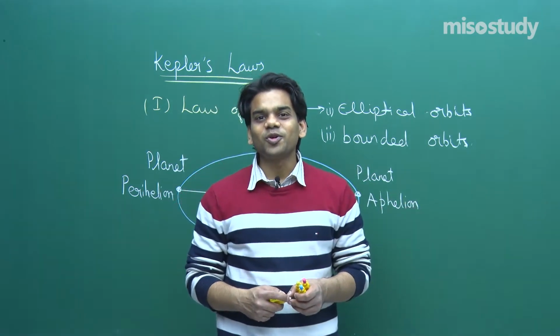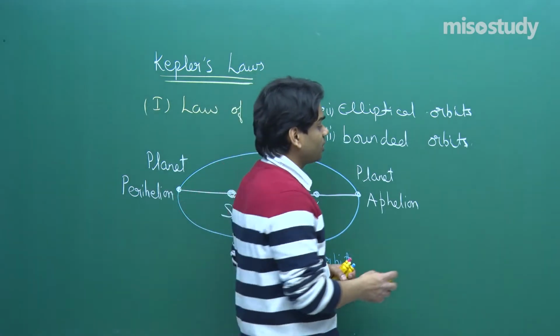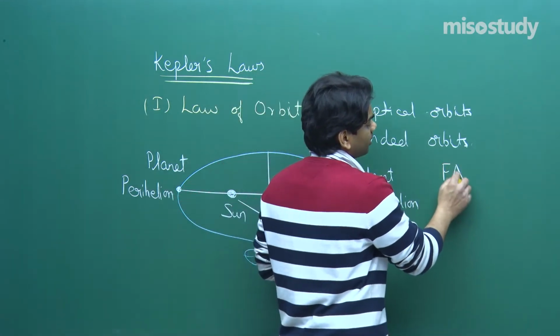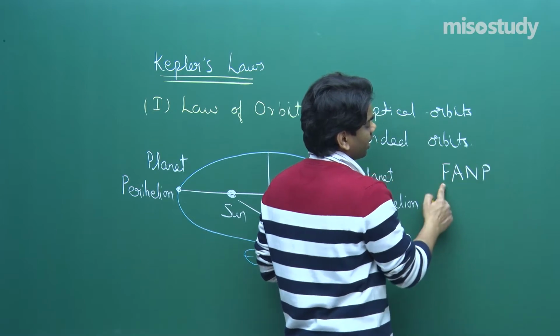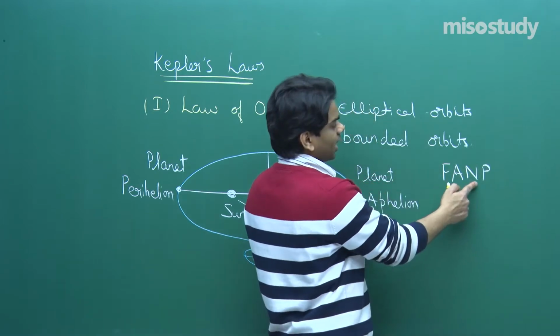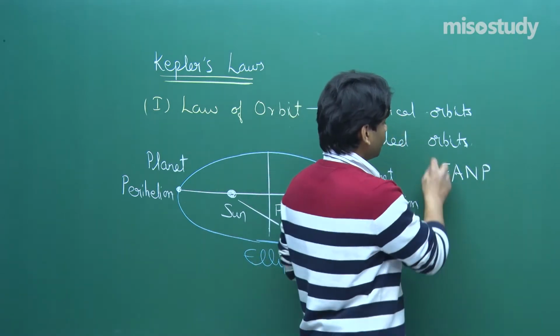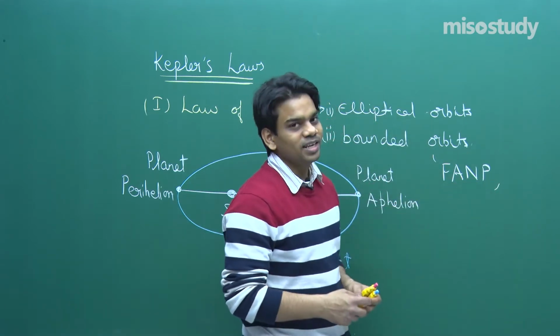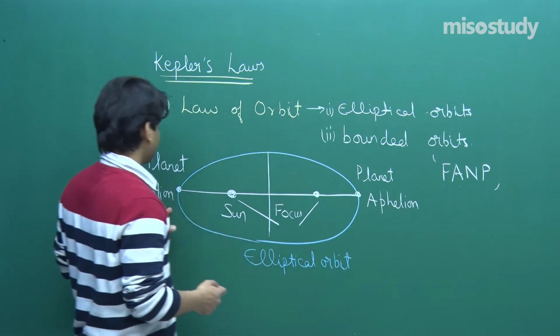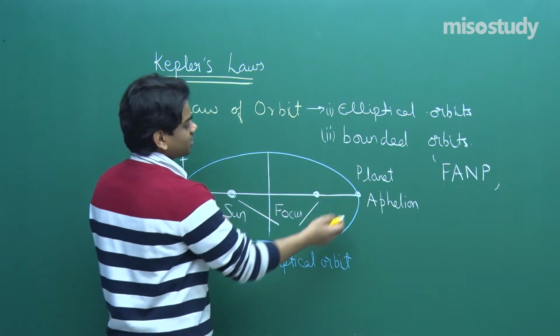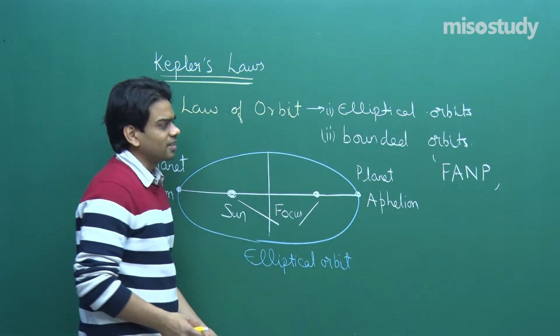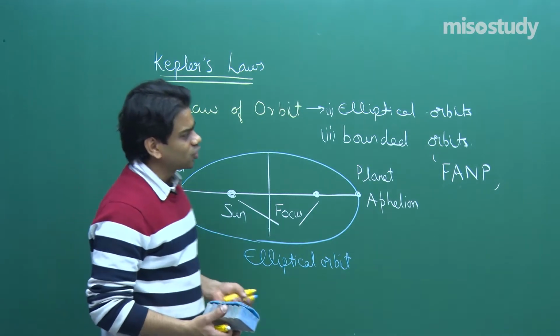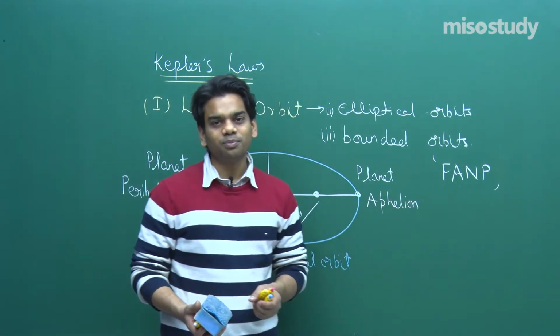It's very easy, as I told you in the last class. Do remember FANP, fan and P. This is the shortcut to remember. F farthest, aphelion; N nearest, that is perihelion. Nearest, perihelion, and farthest is aphelion. That is what I have written here, and you can easily understand it with the shortcut FANP.